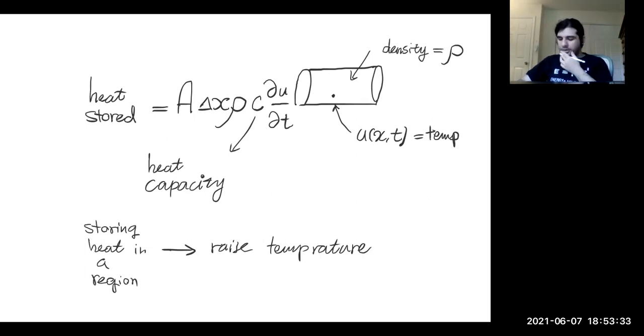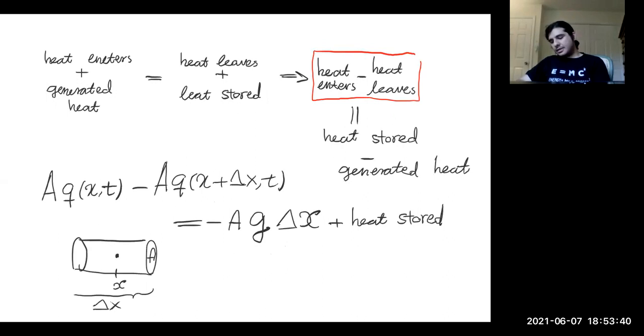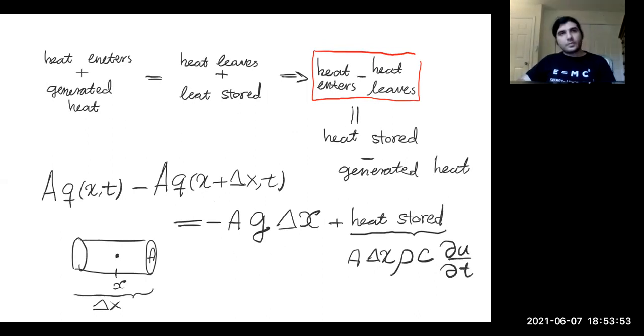Okay. So if I go to the previous slide, this heat stored here is equal to A delta X times density times heat capacity times the changes in temperature. Okay, that would be our equation.